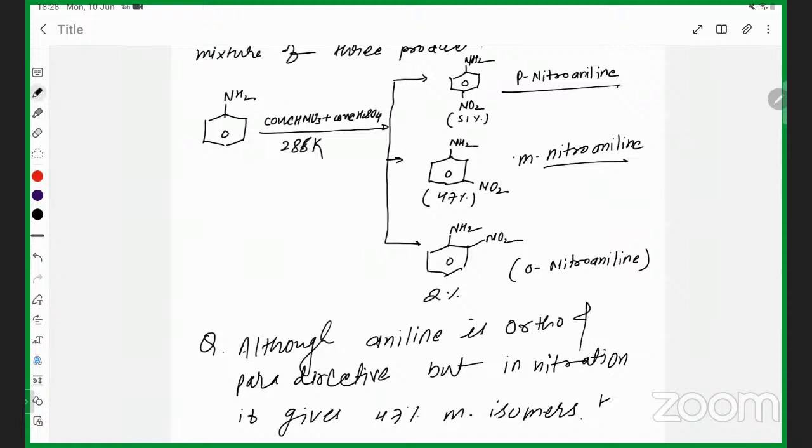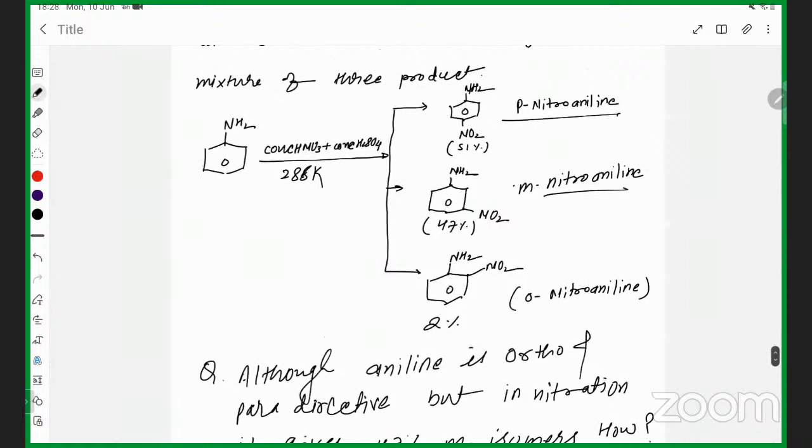How? This is one question they ask many times in exams. It should give ortho and para isomers, but it is giving meta. They are asking the reason why it is giving the meta isomer. What could be the reason?